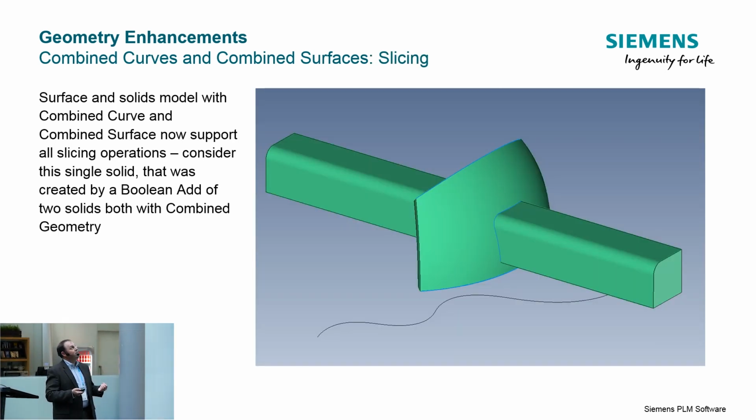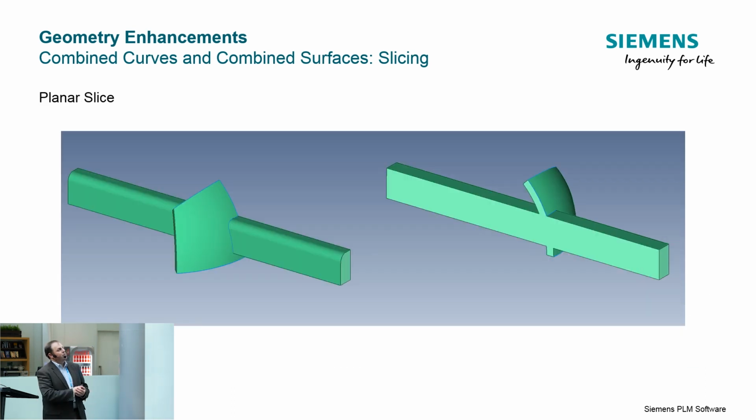Once you have geometry like this, you can also do Boolean operations on them. Obviously you can add them, but the other thing you can do is you can slice. So once you slice, it will update the boundary surfaces, so there's boundary surfaces on both sides, and combined curves.